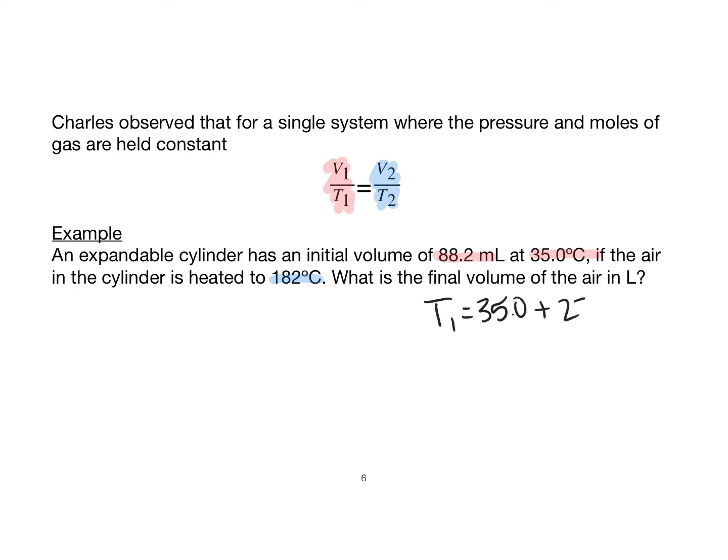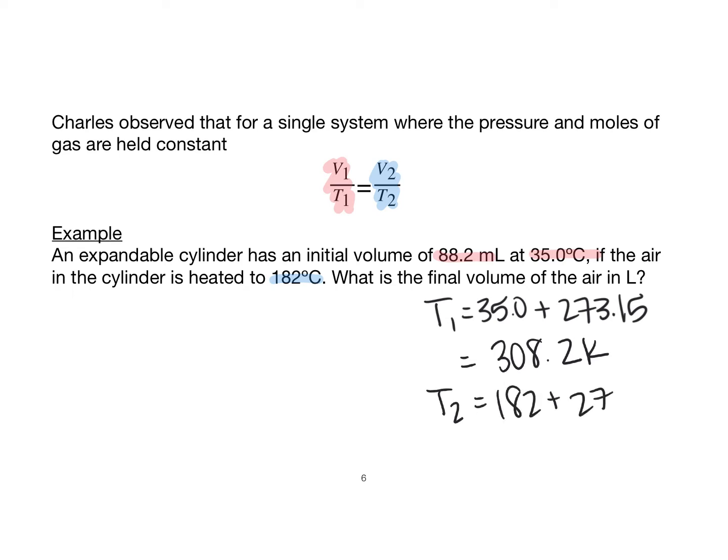We're going to add 273.15, and this gives us 308.2 Kelvin. For T2, we're going to take our 182 plus 273.15, and that's going to give us 455 Kelvin.